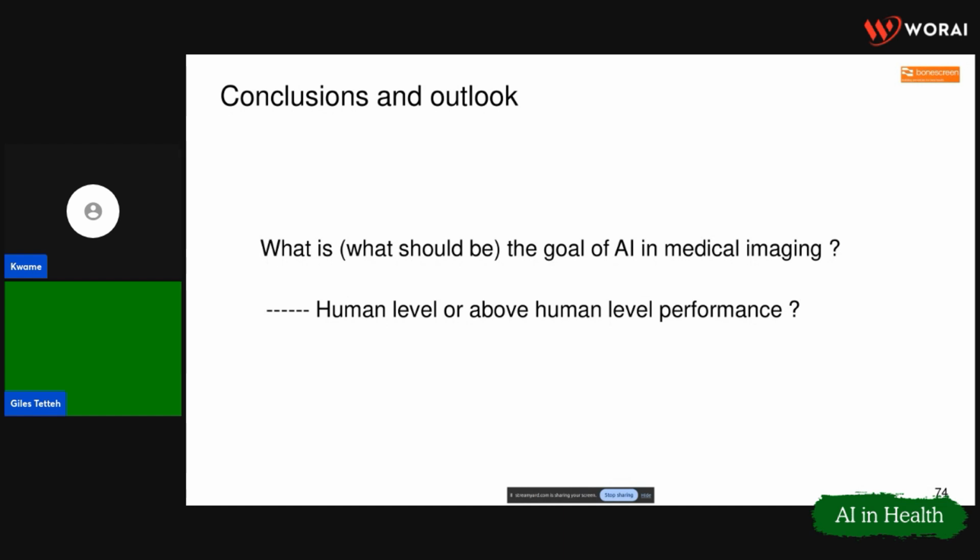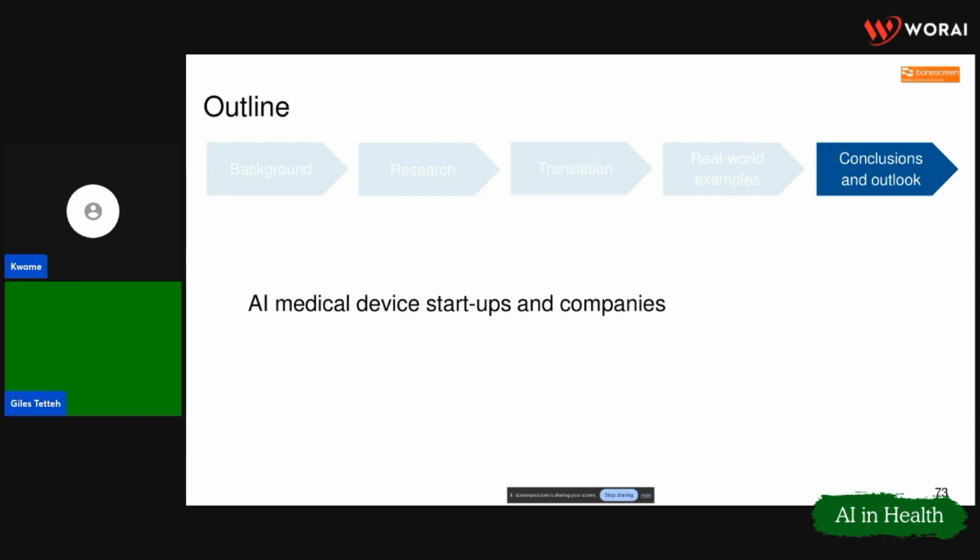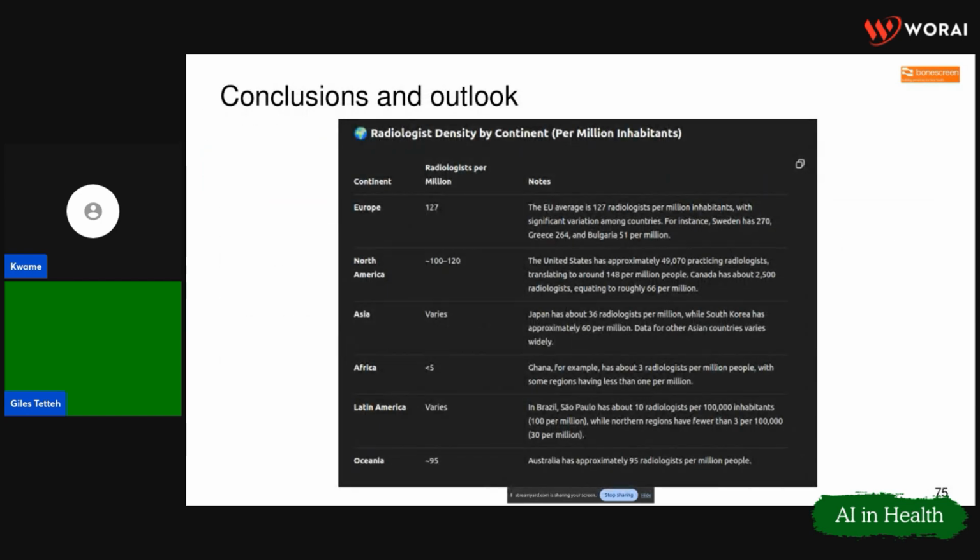Right? And to help answer that question, let's look at this table here. Let's look at radiologist density by continent. We take some continents and look at radiologists per million of the population. We see Europe, North America, but let's, for example, look at Africa here. This simply means that there are fewer than 5 radiologists to a million population.